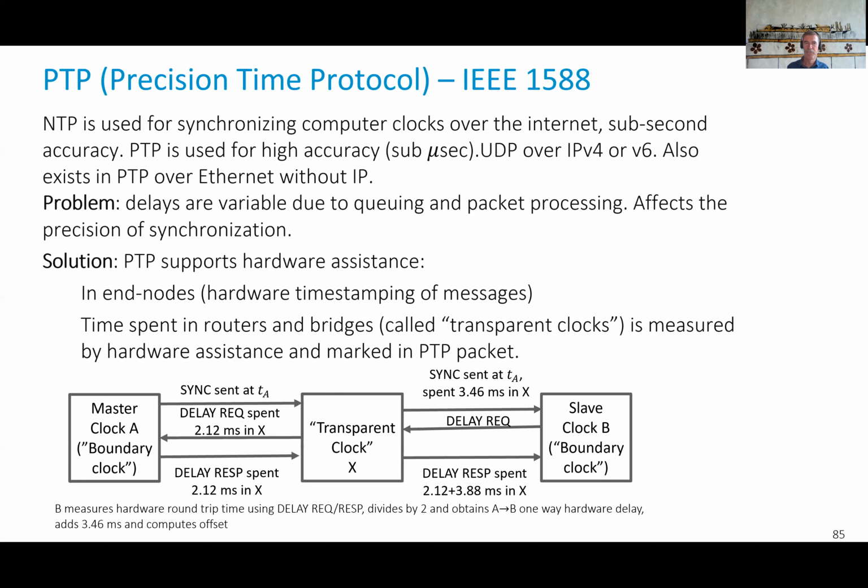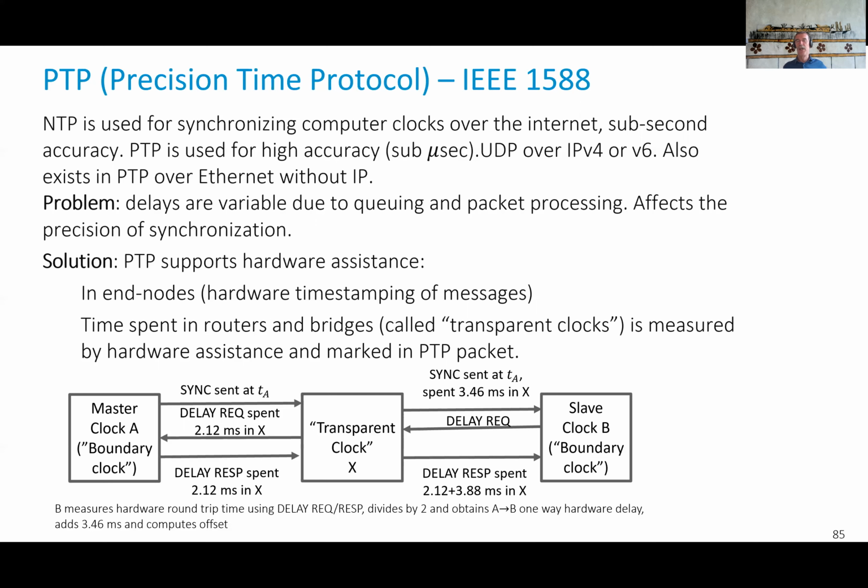That's one thing. Second, there may also be intermediate devices. For example, if you want to synchronize A with B, but A and B are connected through an Ethernet switch, then the time taken by packets to cross an Ethernet switch is variable. Remember, a switch, which is a MAC layer intermediate system, like a router, which is an IP layer intermediate system, is a queuing system. So a queuing system has a queue, and how much time a packet takes depends on what's in the queue.